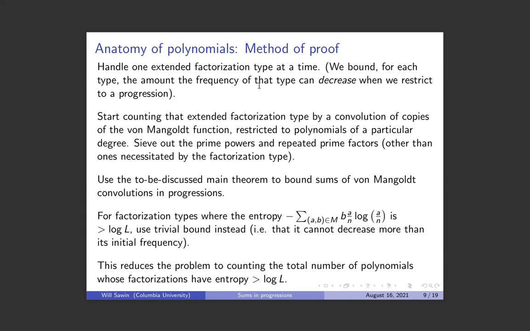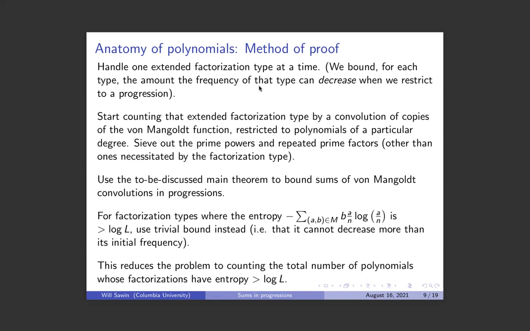And you'll get a function which is mostly supported on polynomials of degree 17 with that factorization type, and then a few other polynomials which are not so hard to sieve out. And these convolutions of restrictions of the von Mangoldt function are going to be much nicer for me to sum. And so we have to do some sieving to get things into that state.